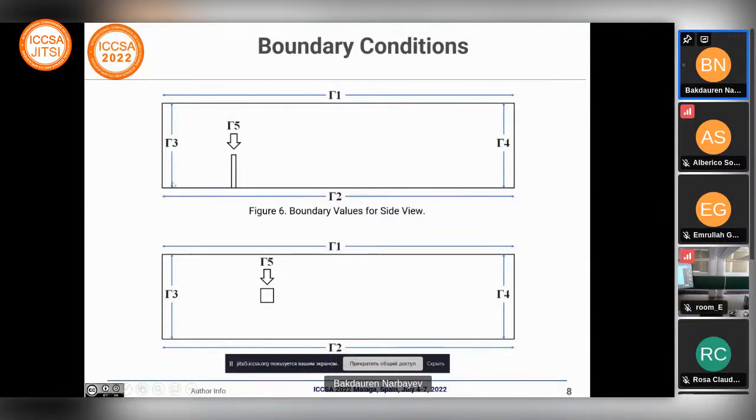Its x component has a parabolic structure, meaning that the highest value is achieved towards the middle. But at the same time, the y component of the incoming flow velocity equals 0. Finally, we set boundary conditions on the right vertical boundary gamma 4, where the values of the pressure and the y component of the velocity equal 0.